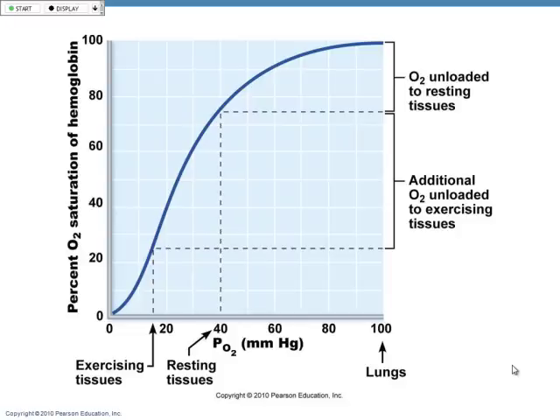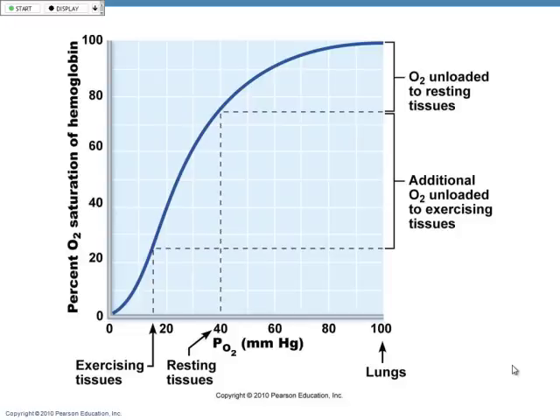Approximately 25% of hemoglobin bound to O2 is unloaded to resting tissues. Only 25%. So what's that mean? Do I unload all of it? Okay, so thus hemoglobin of venous blood from resting tissue is still about 75% saturated with oxygen after one round through the body.